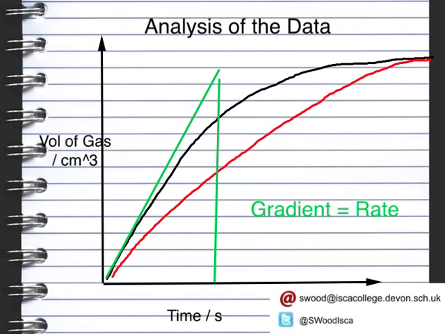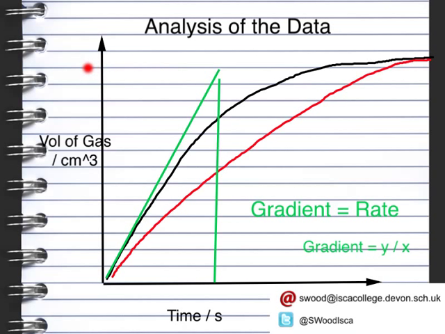Now to work out the gradient, it is equal to the value of y over the value of x. And that is taken from the value of y here against the value of x along here.